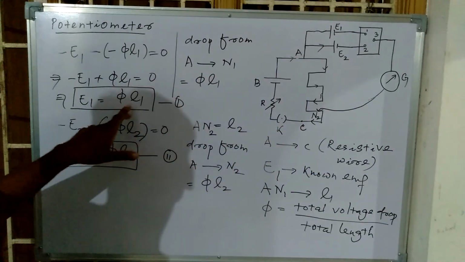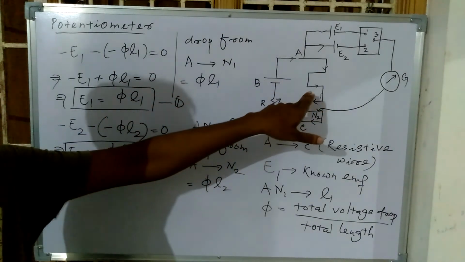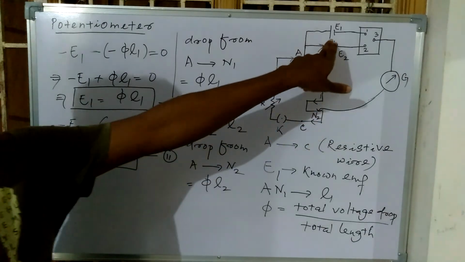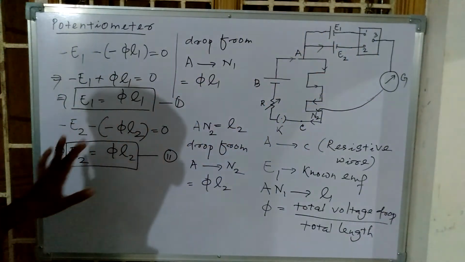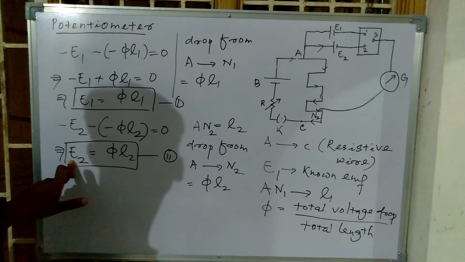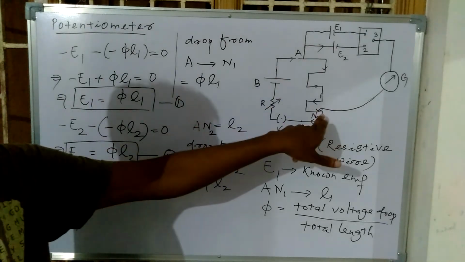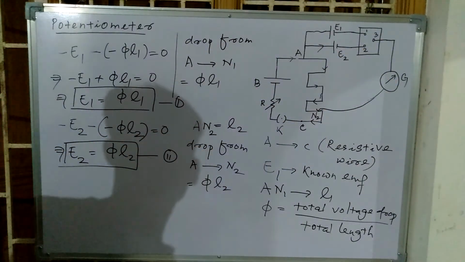Now L1 is the length from A to N1. That was the neutral point when E1 was connected. Similar is the case for E2. That means E2 is the EMF of cell 2, and L2 is the new length obtained in the process.